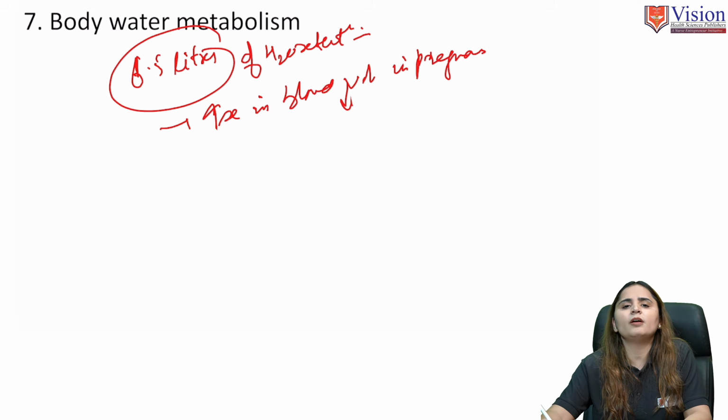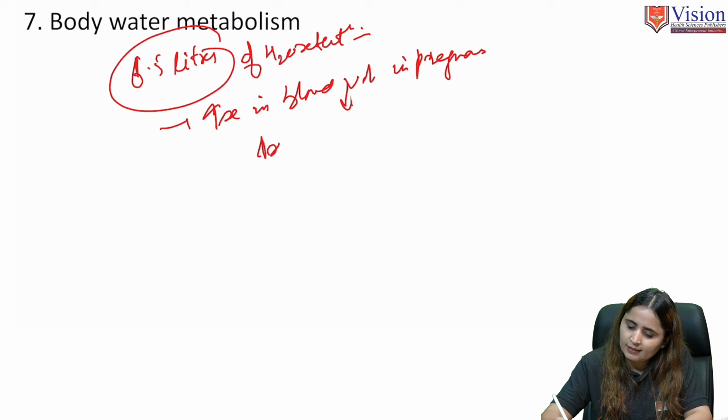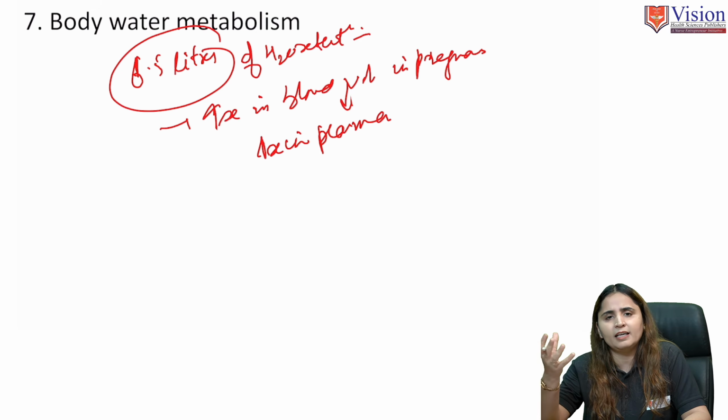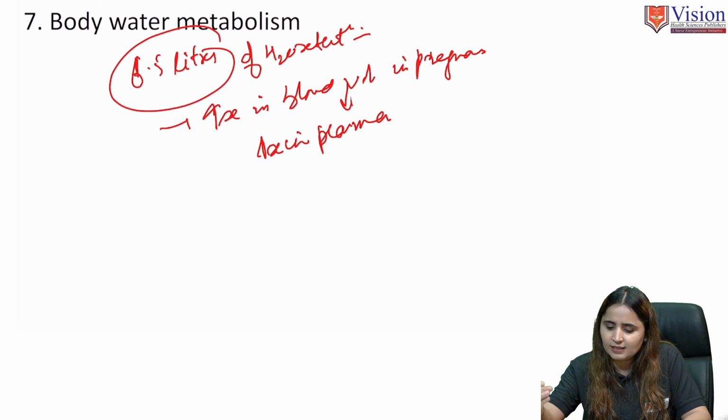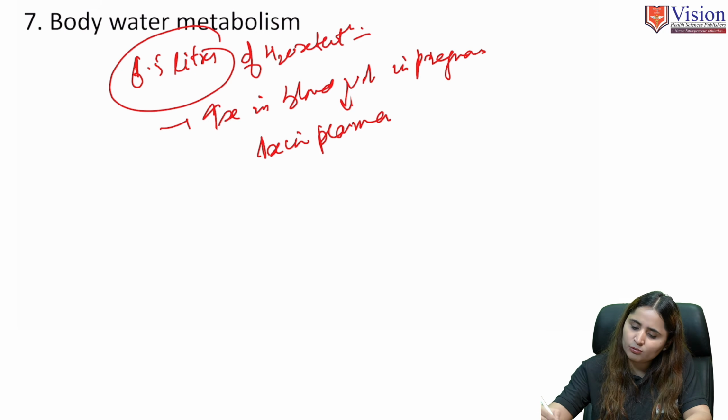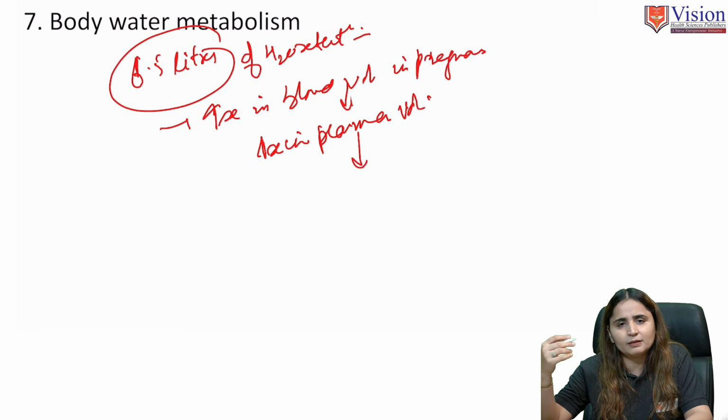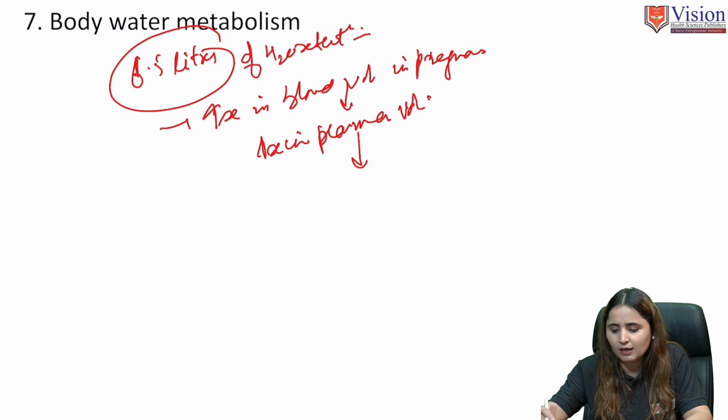This increase in blood volume is an increase in plasma volume, since blood is basically 90% plasma. As there is an increase in plasma volume, it will lead to water retention.